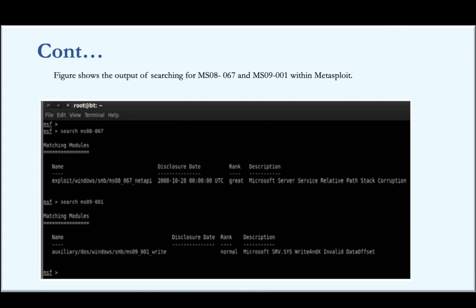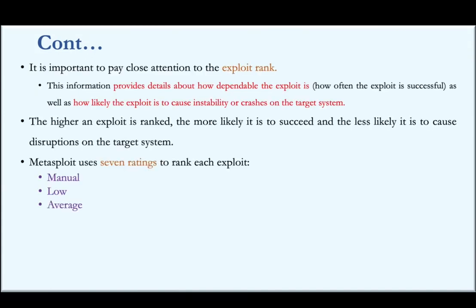Metasploit uses seven ratings to rank exploits. What are those seven? Manual, low, average, normal, good, great, and excellent. These are the ranks. You can find more information and a formal definition of the ranking methodology on the metasploit.com website.